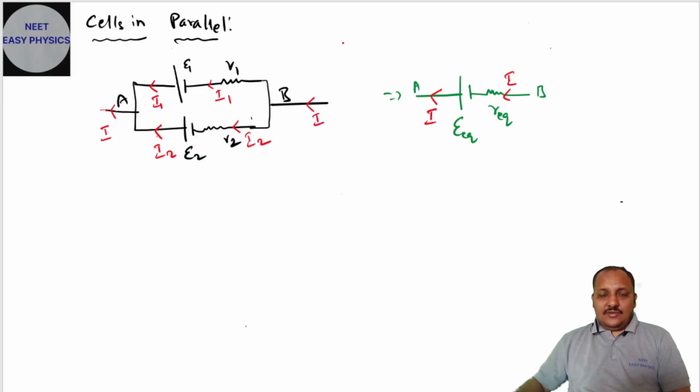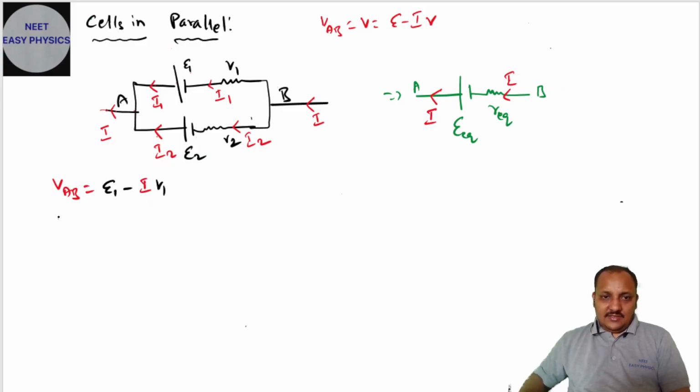Now, according to the terminal voltage formula, V across AB for E1, what is the formula we wrote? E minus IR. Therefore, VAB is equal to E1 minus I1 R1.